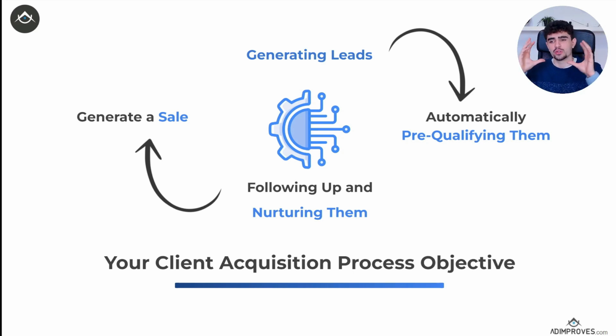We generate those leads, we automatically qualify them, then we follow up and nurture them with before and after projects, keeping the lead up to date. Once we get in touch with the lead, we generate the sale thanks to all this process that helps in closing the actual deal, right?